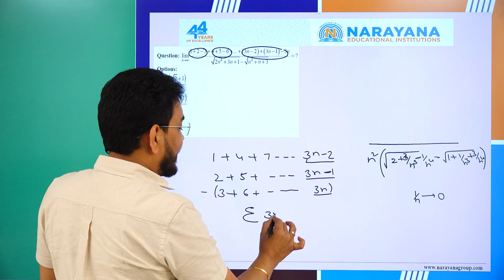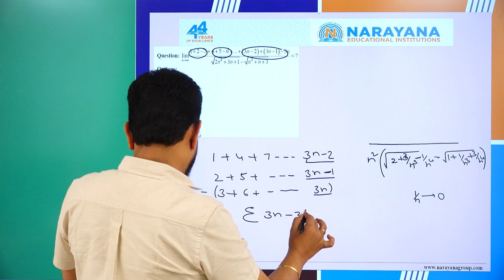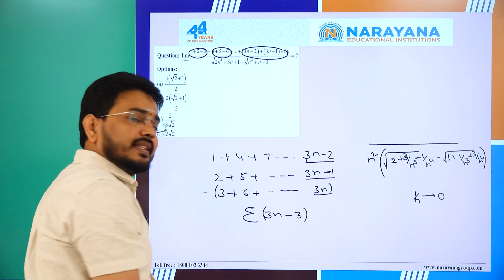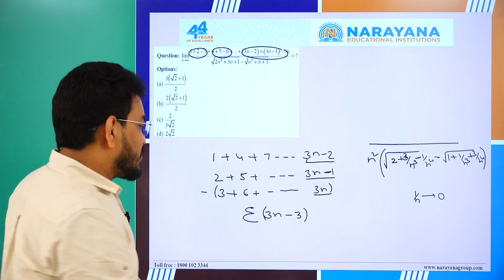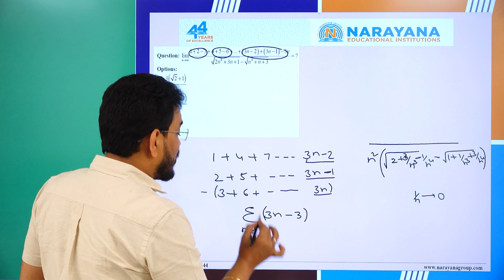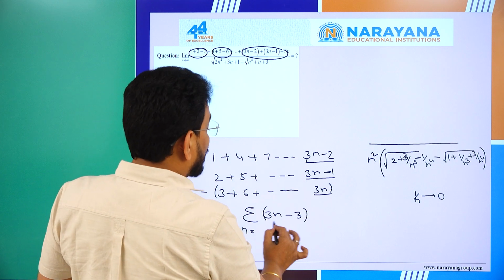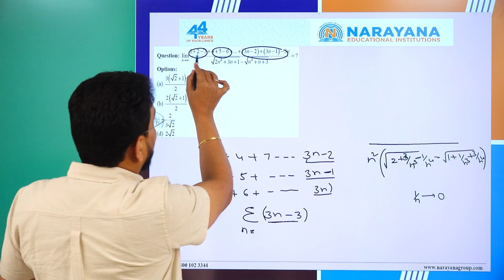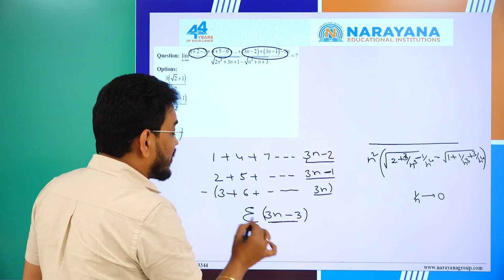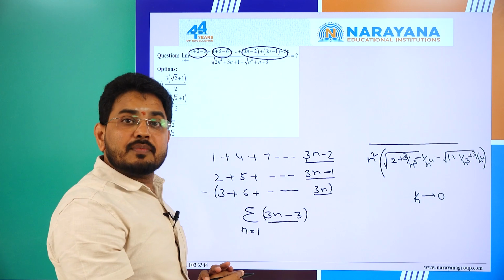So you will be getting 3n minus 3. I am writing 3n minus 3, where n is equal to 1, 2, up to n terms you need to write.